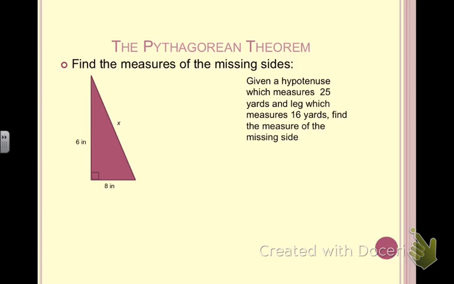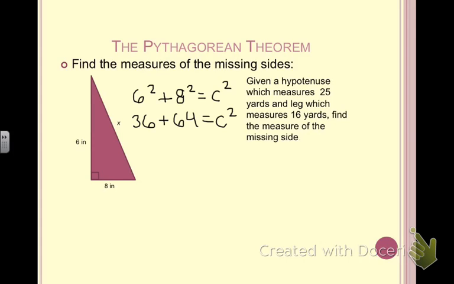There are two problems on this page. The first is represented by the illustration of a right triangle with legs of length 6 inches and 8 inches. We need to find the hypotenuse. 6 squared plus 8 squared equals c squared. 36 plus 64 is c squared.